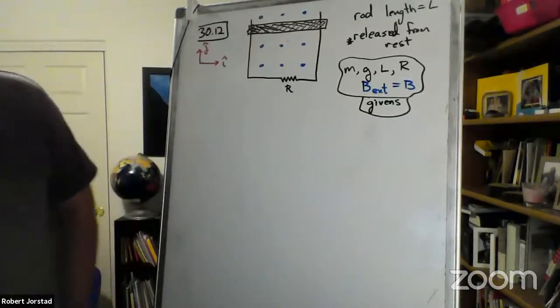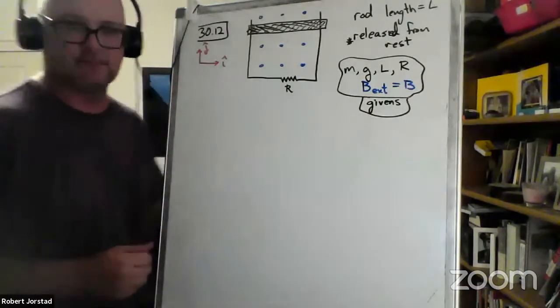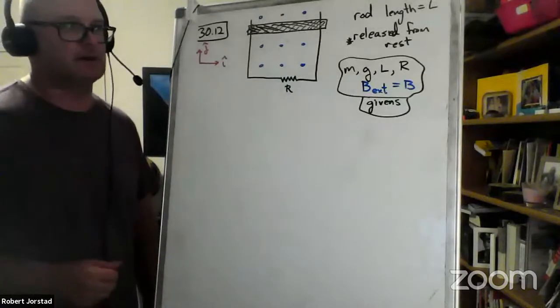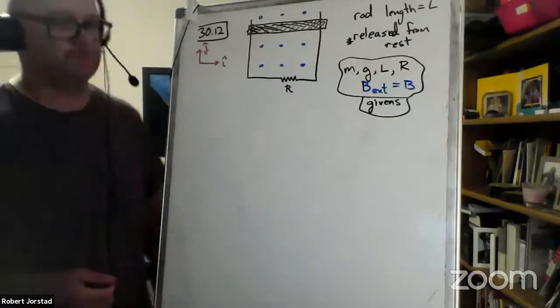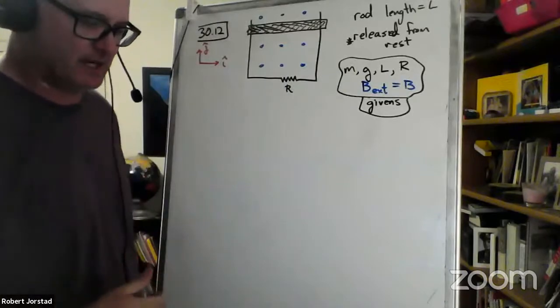And so in this case, what direction is the induced current in the rod? Let's see if you can remember. Anybody unmute and tell me. Counterclockwise. Tom, do you want to try and explain your reasoning so we can understand it?